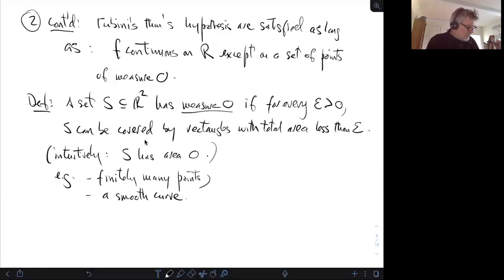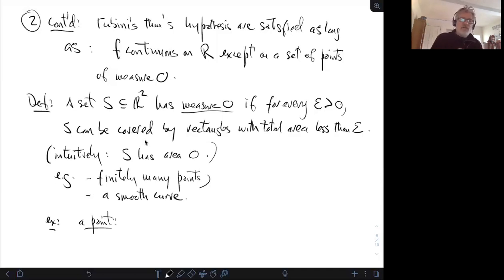So here's an example with a point. I want to cover the point with rectangles which have arbitrarily small area. Hopefully you can see how this goes. You give me an epsilon, let's say 1/10.